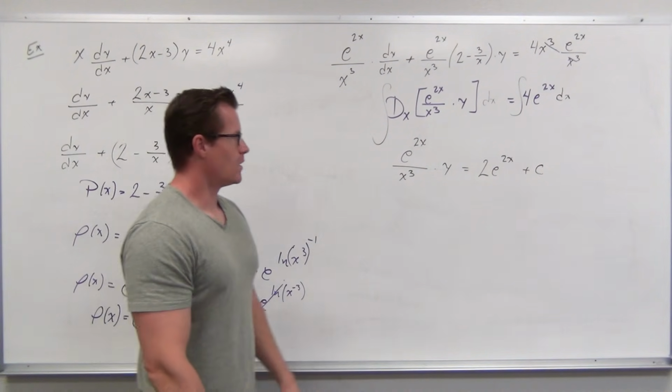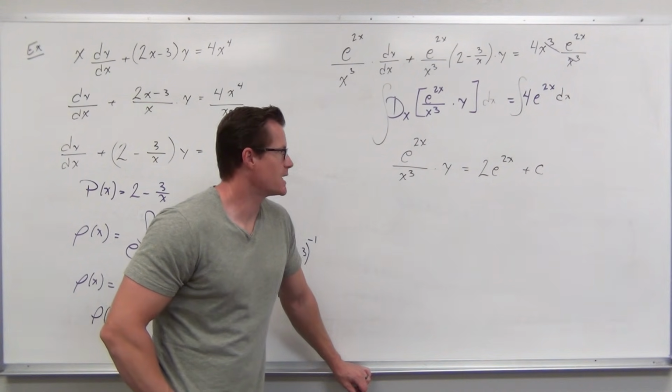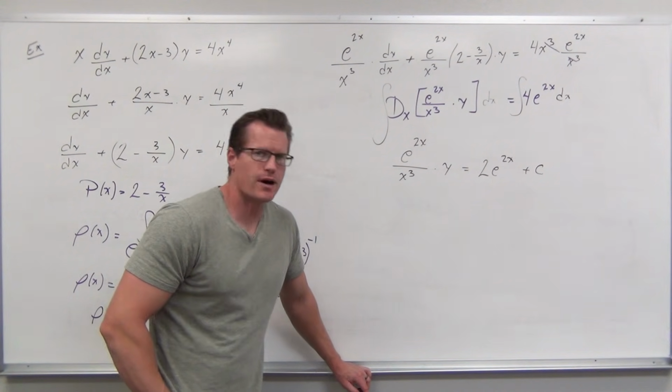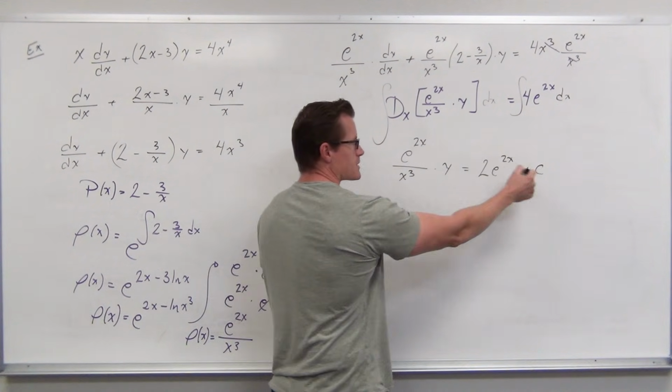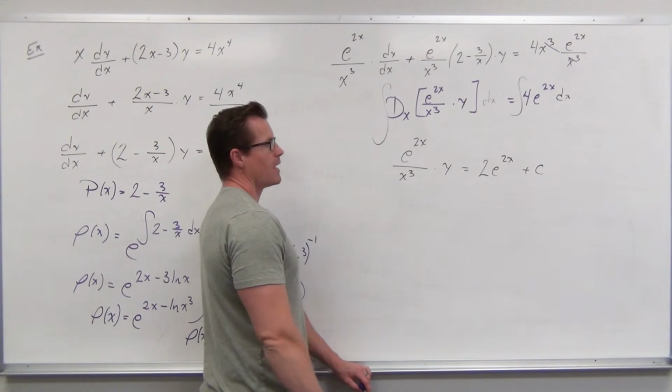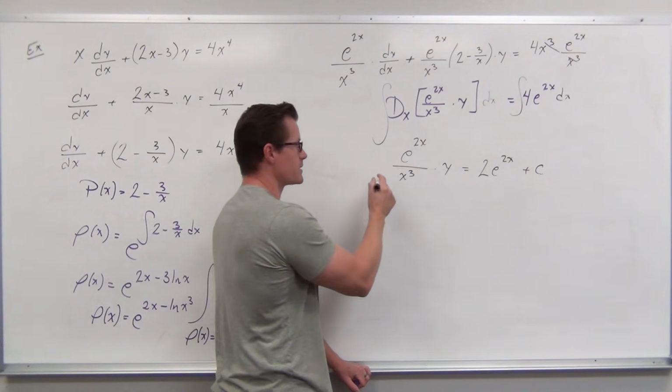And lastly, all we need to do is solve for y. So we'd multiply everything by e to the negative 2x or divide everything by e to the 2x. So this, and that's going to get e to the negative 2x. And we'd also multiply by x cubed. So basically multiply by the reciprocal of this.